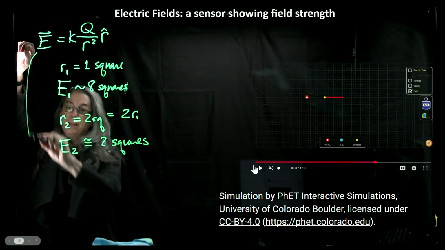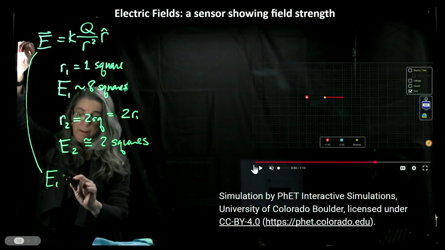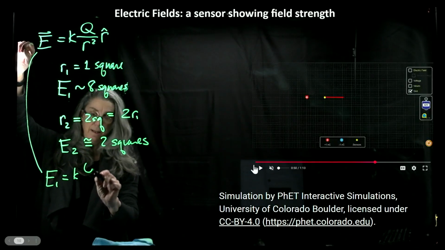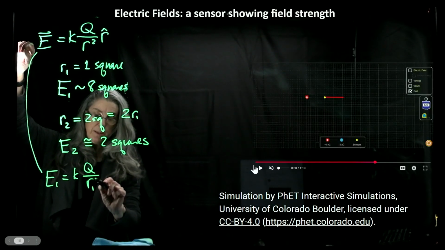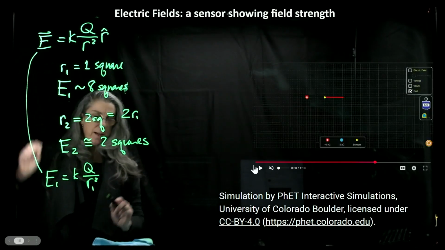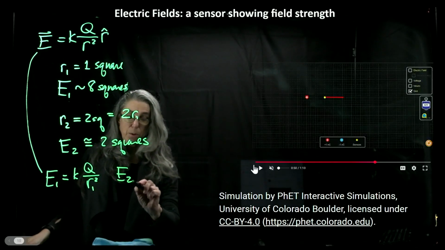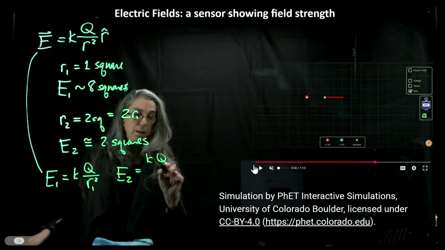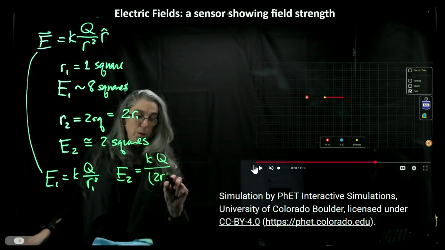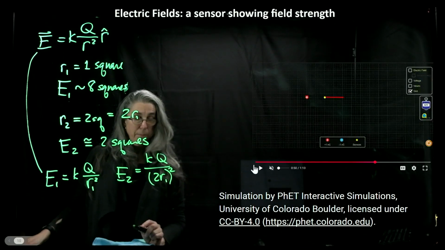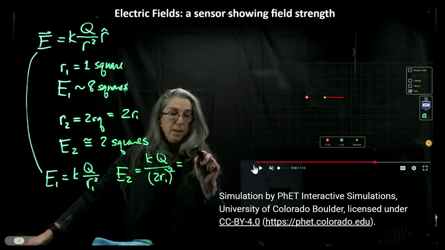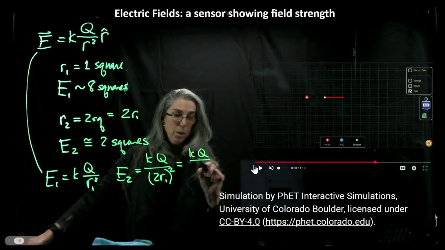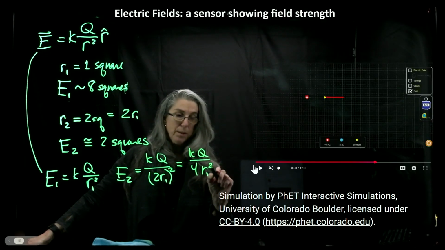We would totally expect this. E1 is equal to KQ over R1 squared, just doing the magnitude right now. And then E2 would be KQ over 2R1 squared. When we square that 2 in the denominator, we get KQ over 4R1 squared.